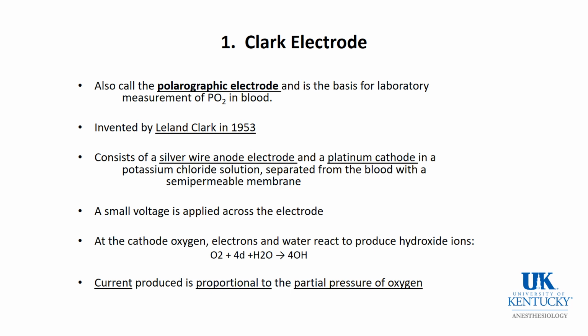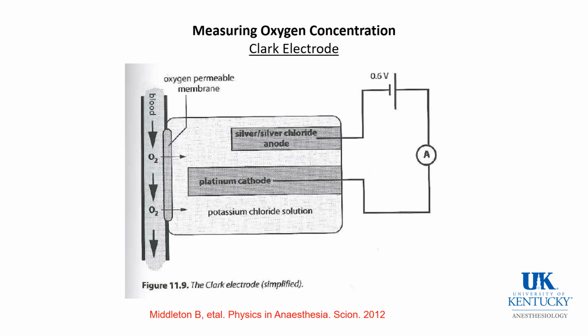It has a silver wire electrode and a platinum cathode inside potassium chloride solution separated by a semi-permeable membrane, which produces a small voltage. And what is unique and makes it work is that the amount of current is proportional to the partial pressure of oxygen.